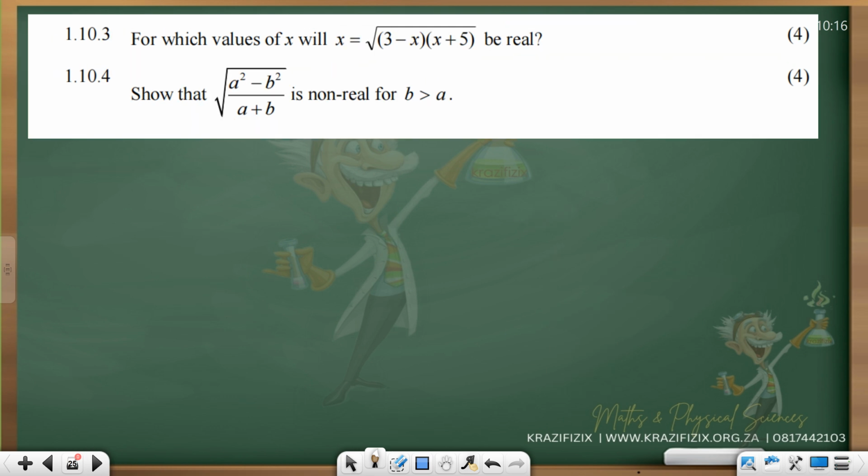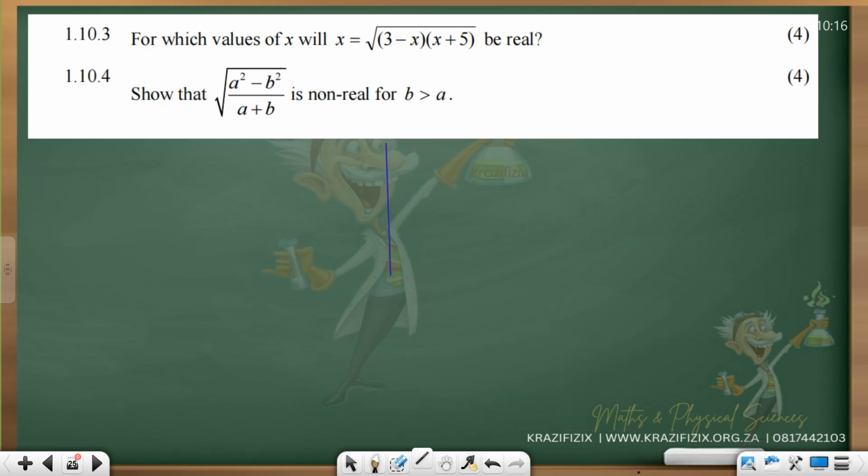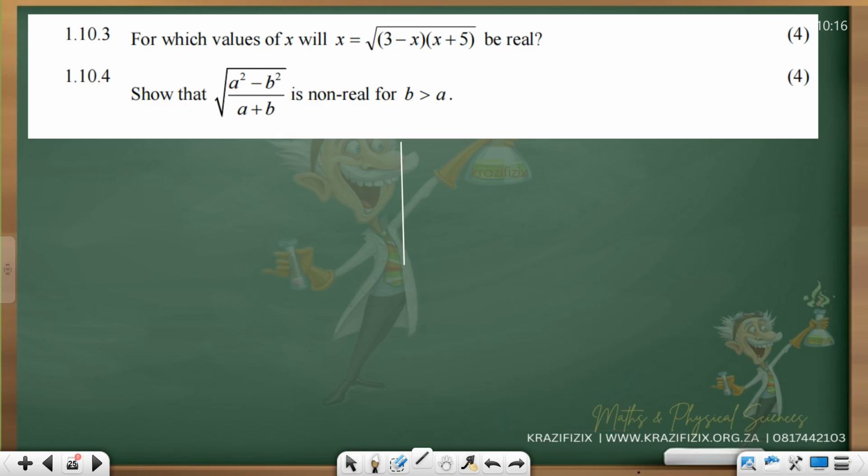Okay, look at this one. For which values of x will that be real? We want these to be real.